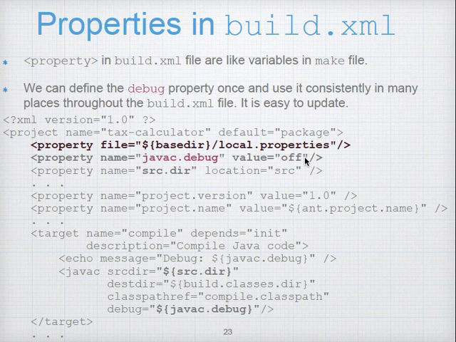So when I change it to off, I only need to change it in one place, even if this variable appears in 100 compilation tasks in the file, because that means the file will likely be very, very long. It's going to be long. So if I use a variable, it will save time and make things more consistent.